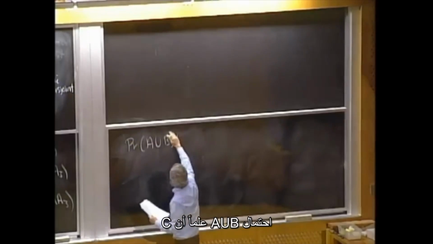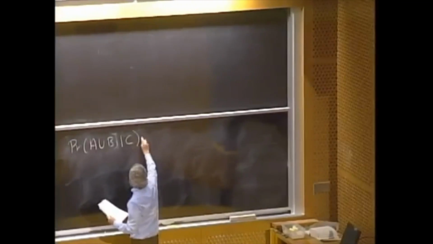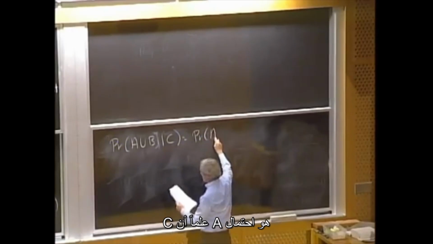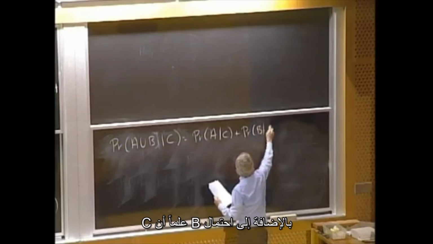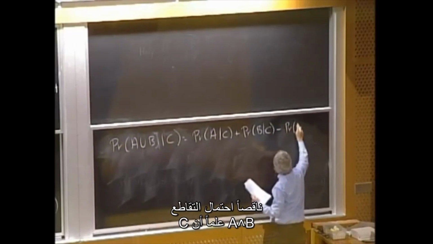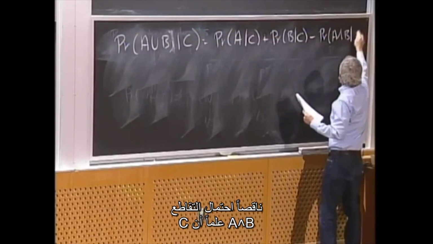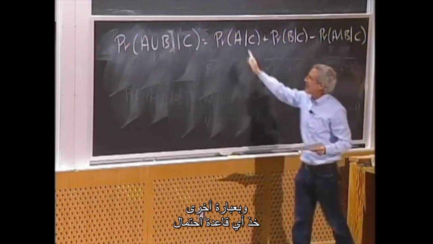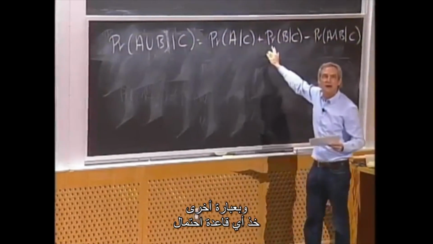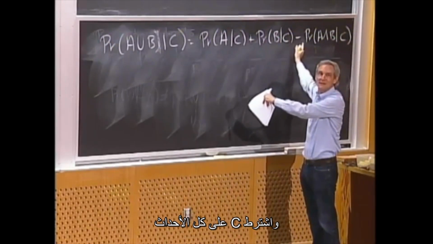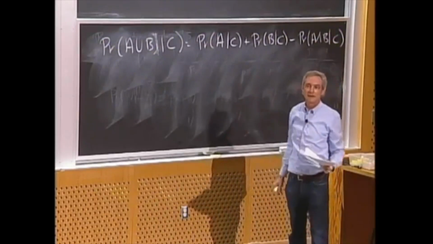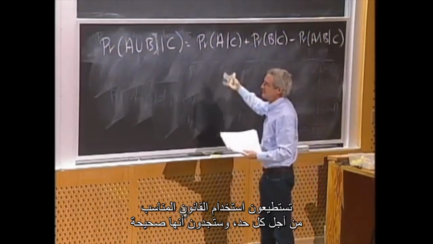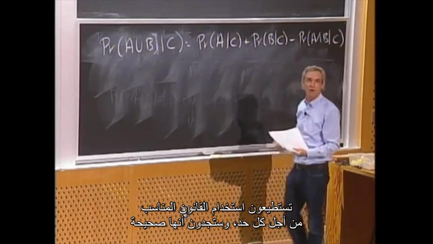The probability of A union B given C is the probability of A given C plus the probability of B given C minus the probability of A intersect B given C. In other words, take any probability rule you have and condition everything on an event C, and it still works. All right? And the proof is not hard. You can go through each individual law, but it all comes out fine.